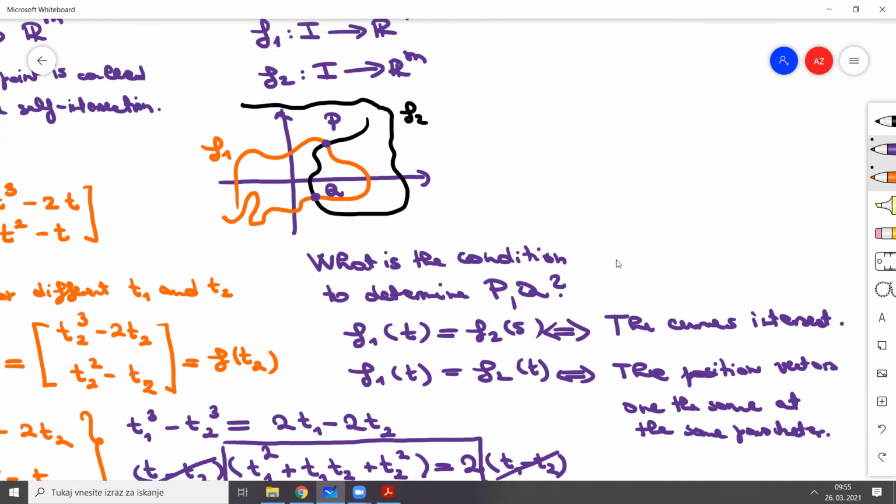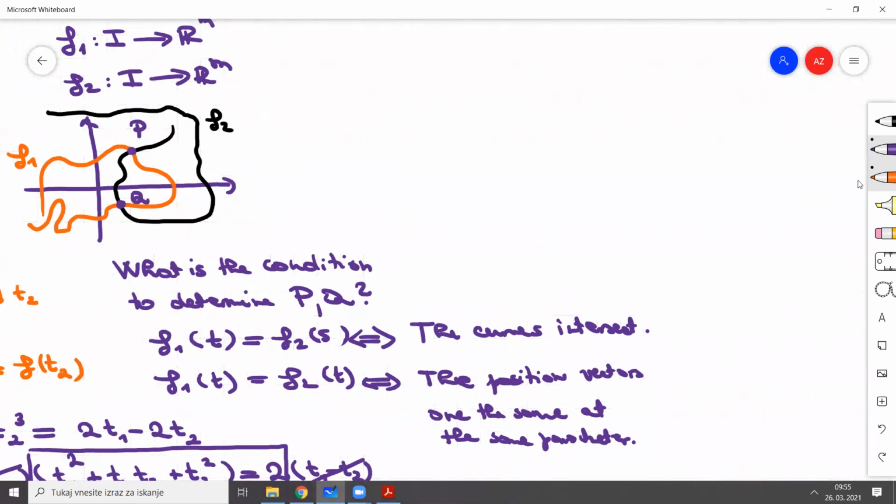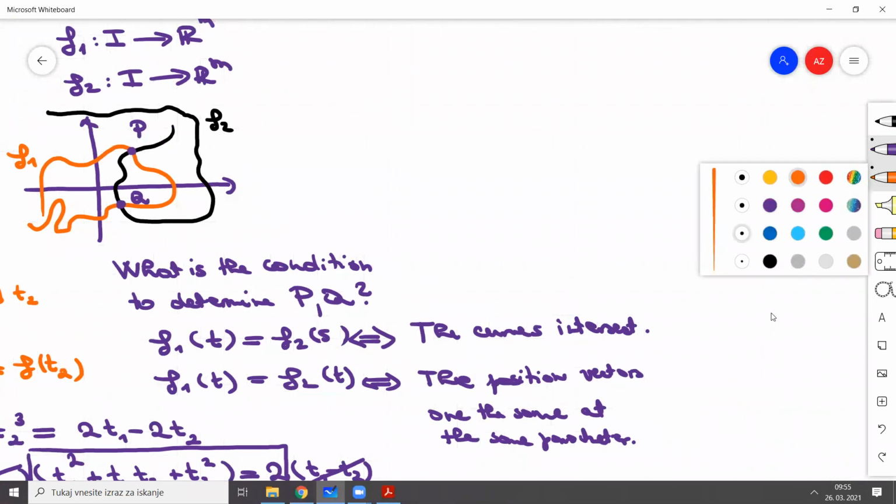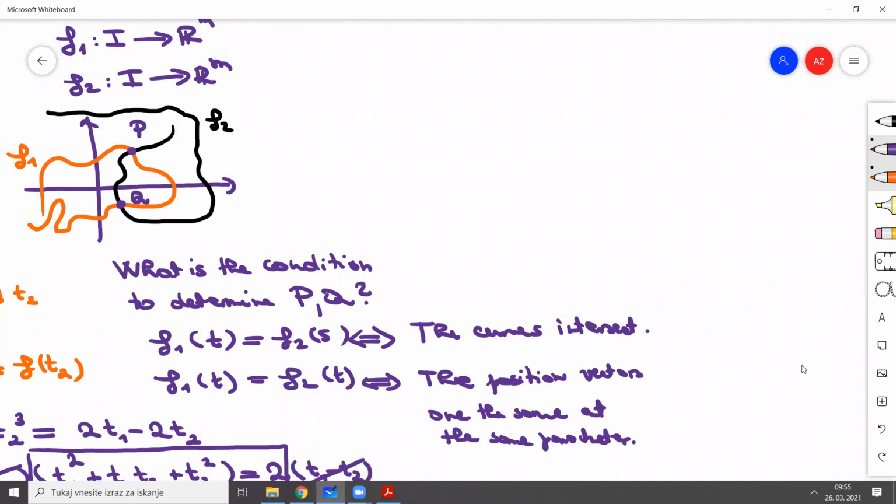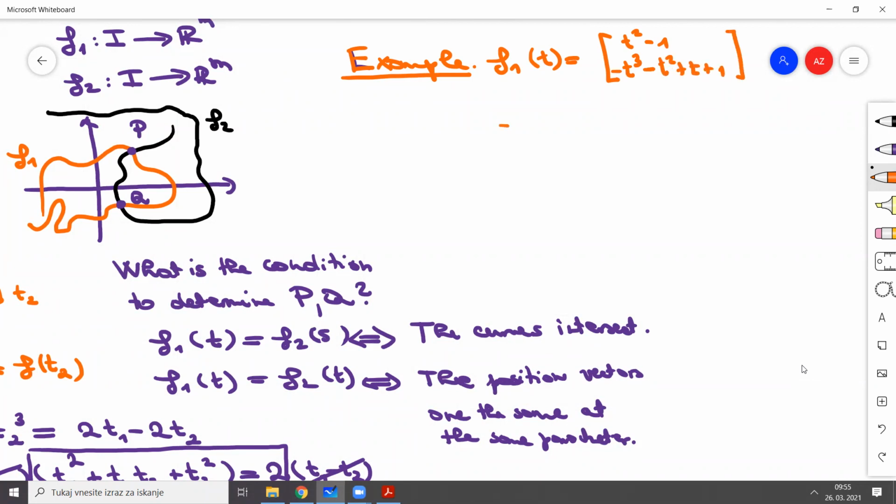And let's just do one example. We won't do the whole calculation, but only write an example. So let's say that f1 of t is equal to (t squared minus 1, t cubed minus t squared), and f2 of s is (s minus 1, 1 minus s squared).